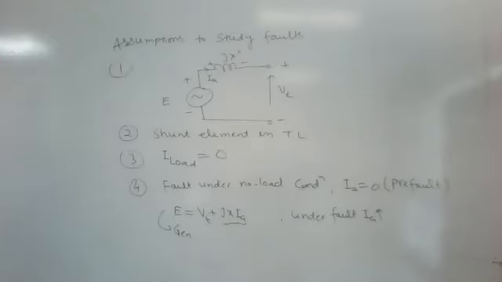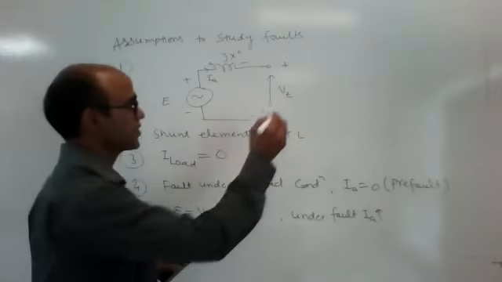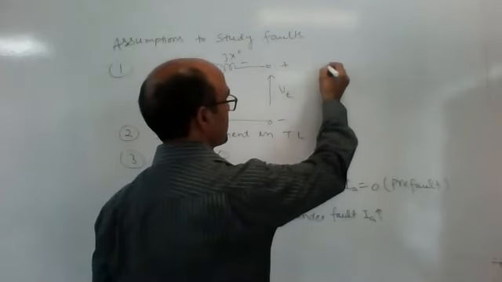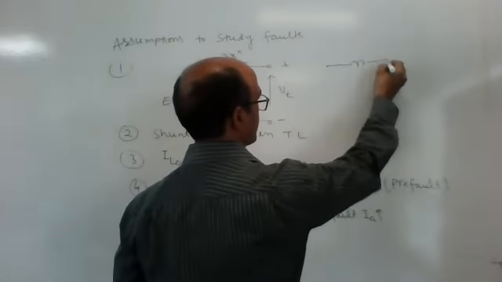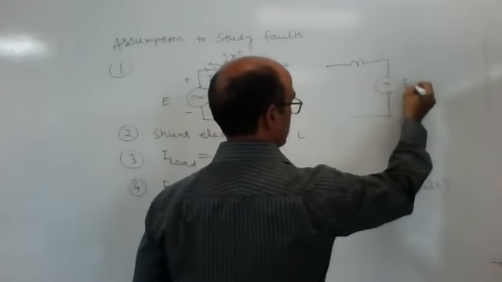But in case of motor, it is just the reverse case. Motor has a different case. What is the circuit of motor? There is a terminal, a reactance JX motor reactance, and a motor voltage EM.